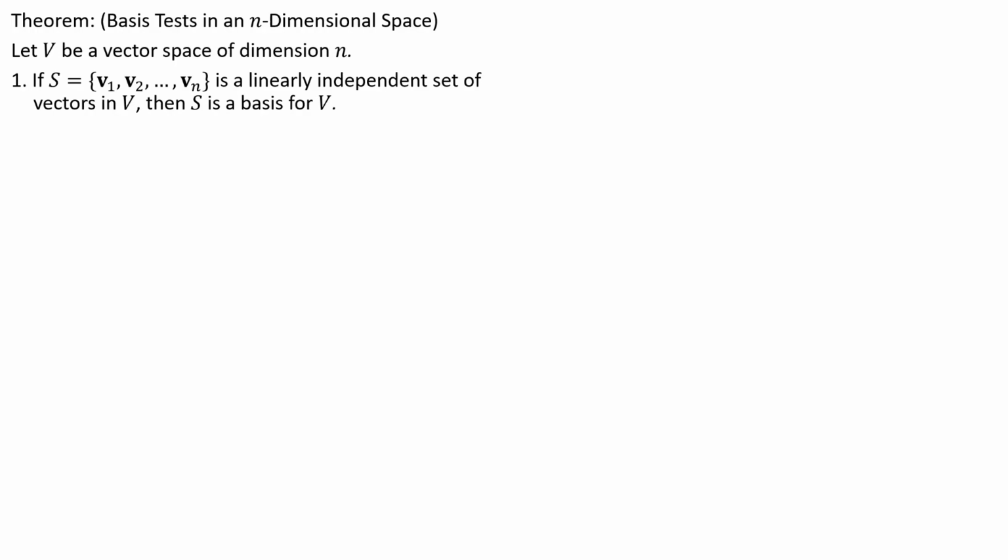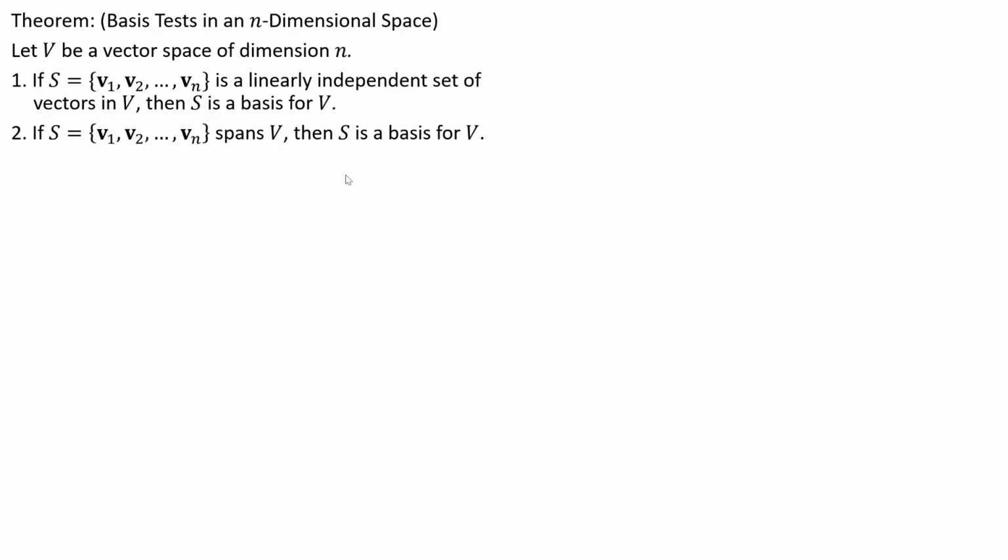If S is a linearly independent set of n vectors in V, then S is a basis for V. Also, if S, again containing n vectors, spans V, then S is a basis for V. So to check if a set S is a basis for a vector space V, we show that S satisfies the two conditions: S spans V and S is linearly independent.